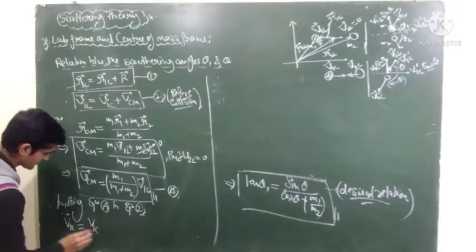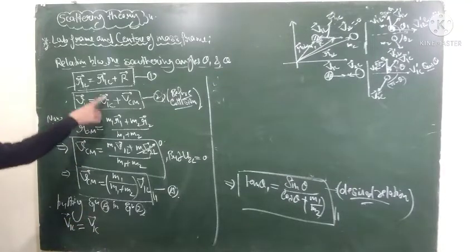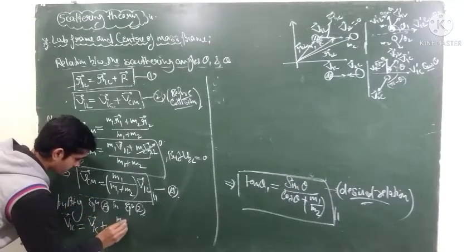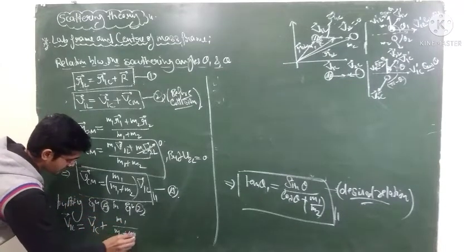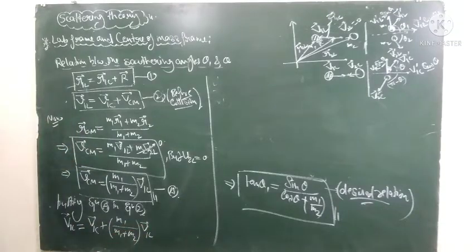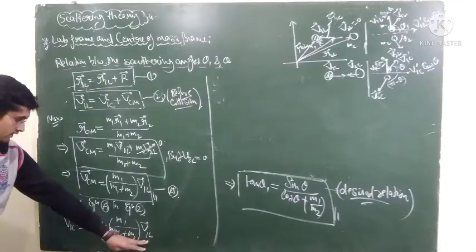So V1C, not dash, but V1C, right? Plus this particular term, which will be M1 over M1 plus M2, and it will be V1L, right? So this is V1L, and there it is V1L.